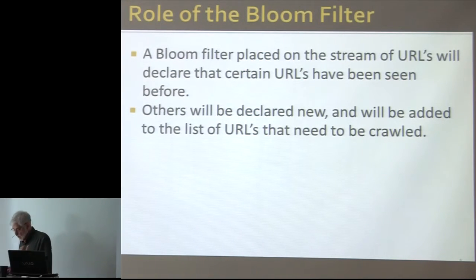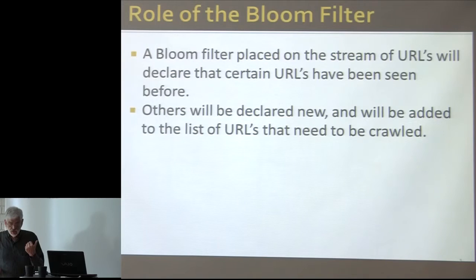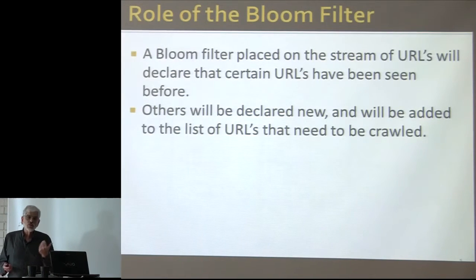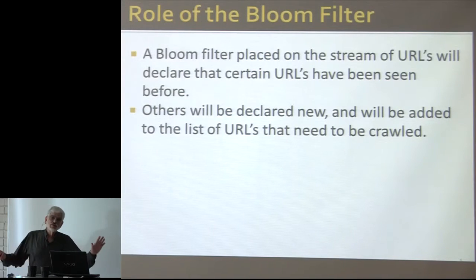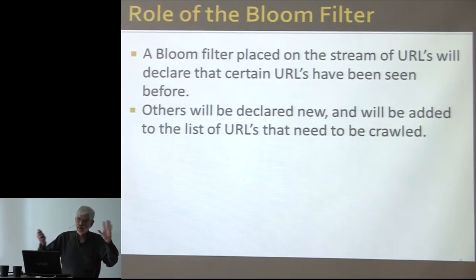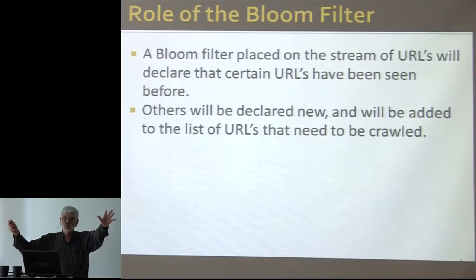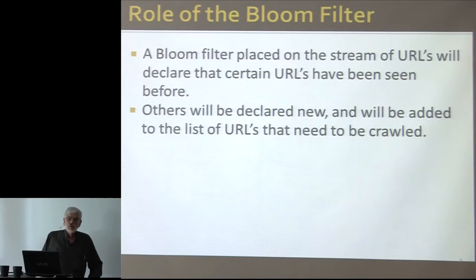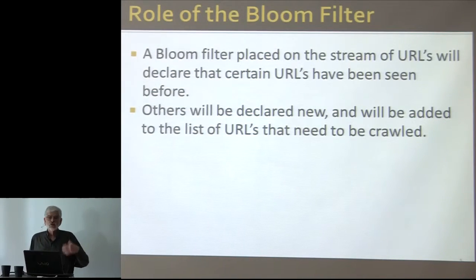Now, if a URL is declared new by this filter, then you will eventually crawl it, or decide not to, because at some point you have to say, I've crawled enough. This is going to be my web index, and anything that's so far out from, so hard to find on the web, I'm not going to report. Anyway, but basically, you sort of want to look at any page that you think is new.